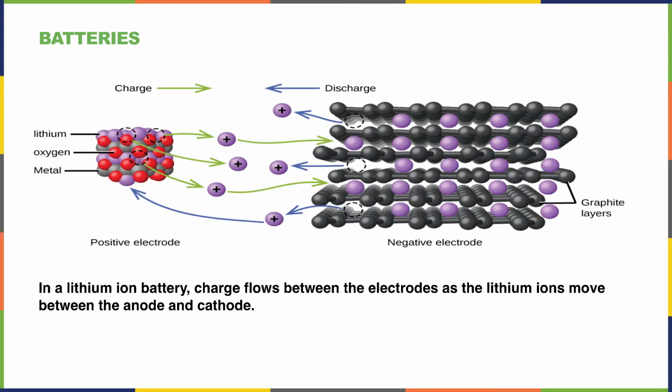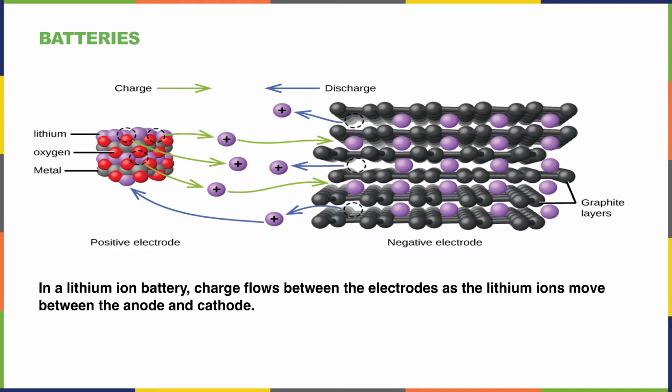Now, recently the most common batteries that have been used are lithium-ion batteries. And this is to show the way in which lithium-ion batteries are put together. The charge flows between the electrodes as the lithium ions move between the anode and the cathode.